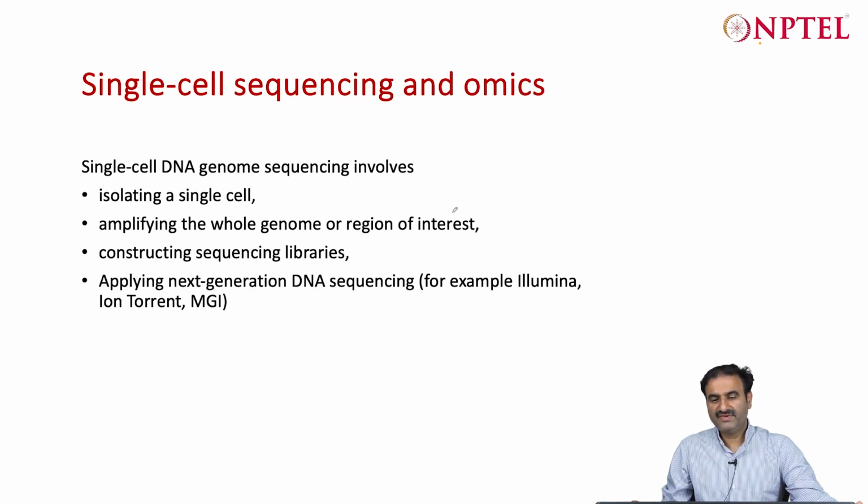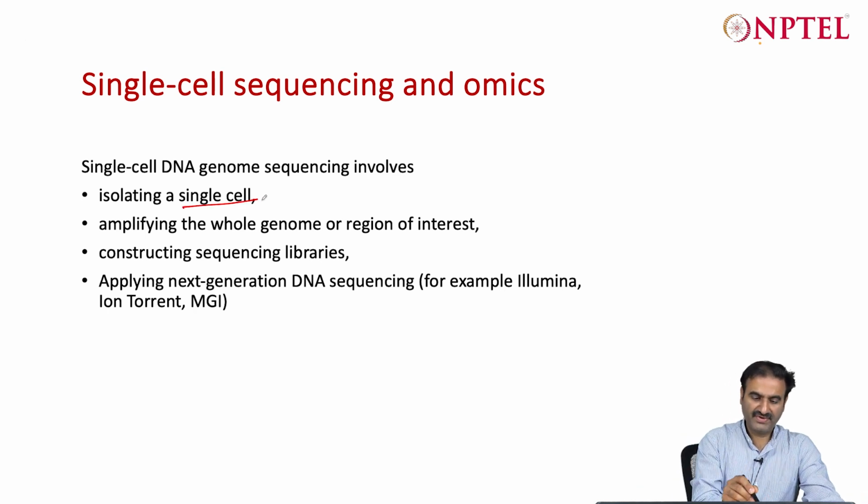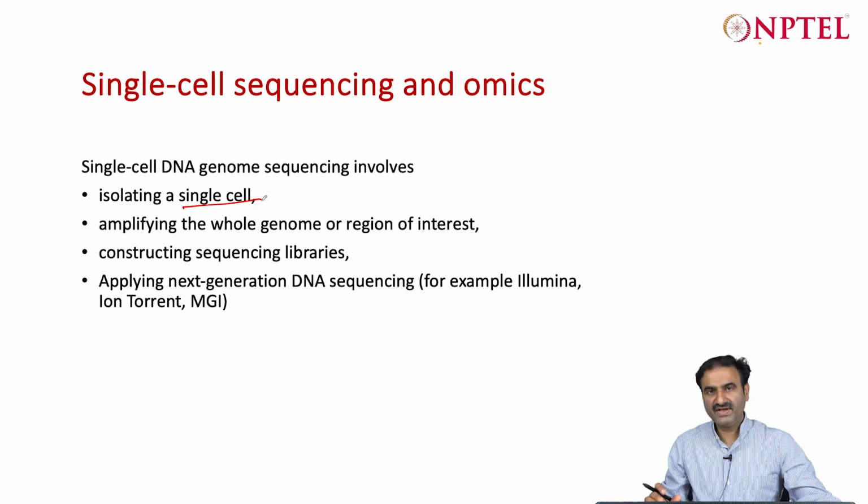So basically, single cell genomics involves first of all the isolation of a single cell. Then, as you know, a single cell contains DNA and RNA, RNA being the transcriptome, but that may not be a sufficient quantity of DNA to make a library and go for sequencing.